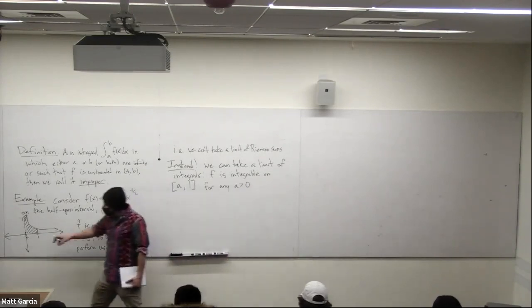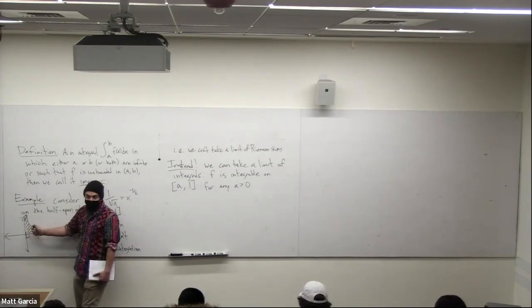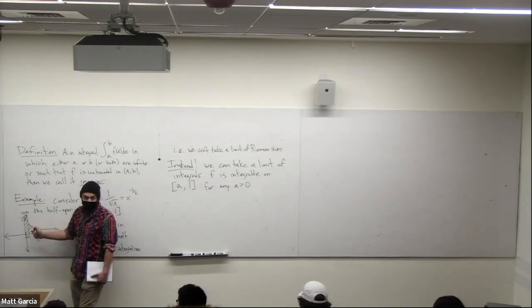If we're not going all the way to 0, I pick some point a here. There's no problem with approximating this by rectangles, right? It's a finite area. Okay.